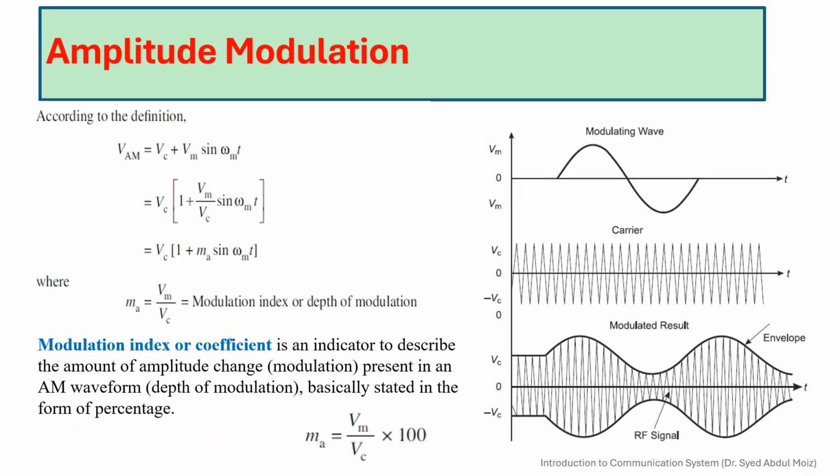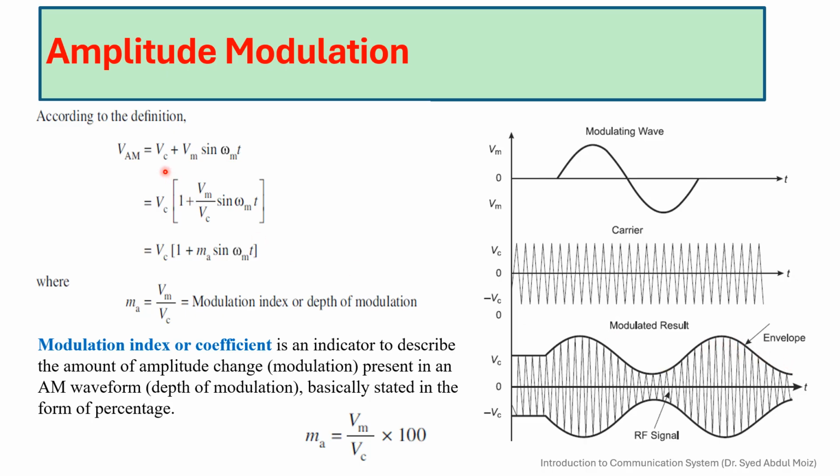According to the fundamental definition of amplitude modulation, we can define vAM = Vc + Vm sin(omega_m t), where Vc is the amplitude of the carrier wave, Vm is the amplitude of the message or modulating signal, and vAM is the amplitude of the modulated signal.